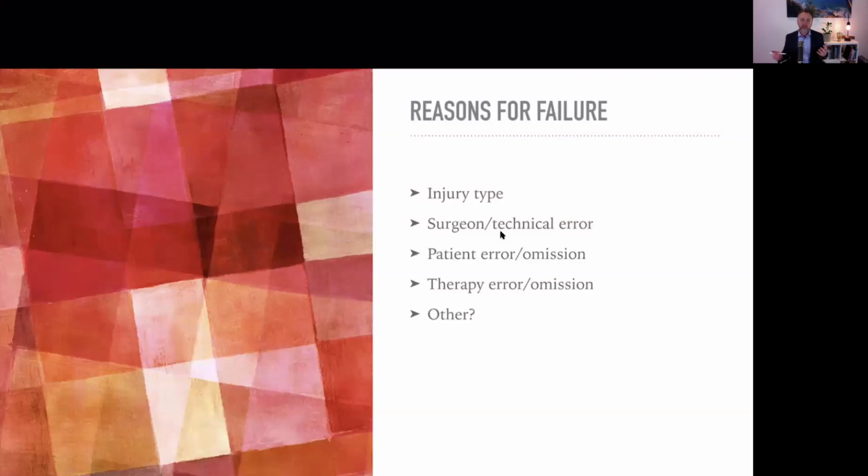That's what we would ordinarily call non-compliance. And there's possibly therapy errors, although that's very unlikely. The hand therapy is so highly developed and the protocols are so rigorous that would be quite unlikely. So failure is more likely to be one of these first three, I would think. There could be other reasons, but one of these first three is the most likely.